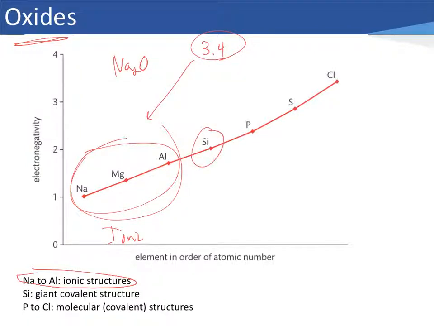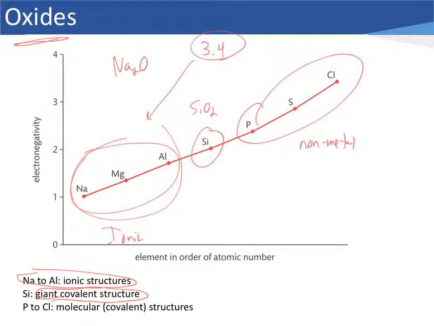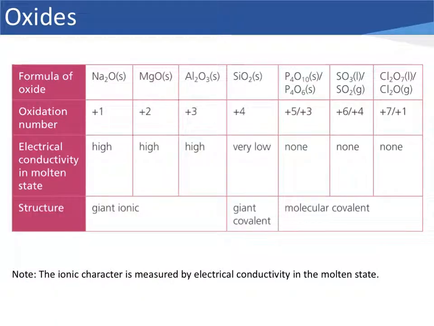Silicon dioxide, SiO2, is a giant covalent structure, and we studied that within topic 4. Phosphorus to chlorine, these are non-metal oxides, and they form molecular compounds or covalent structures. They form molecules. So here's a look at some formulas.